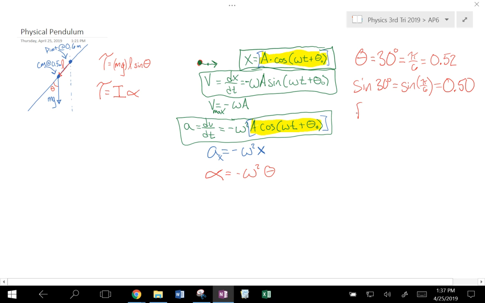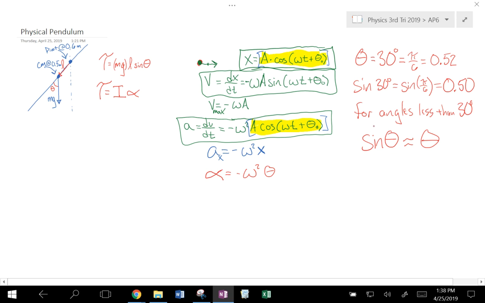So in other words, for angles less than 30 degrees, sine theta is really close to, I shouldn't say equals, I should say really close to the value of theta in radians, okay? 0.52 is pretty darn close to 0.50.